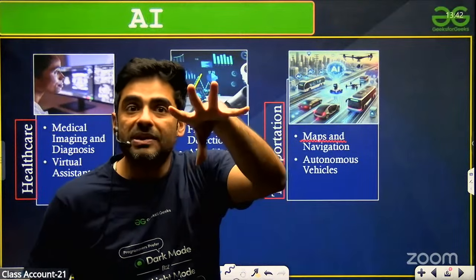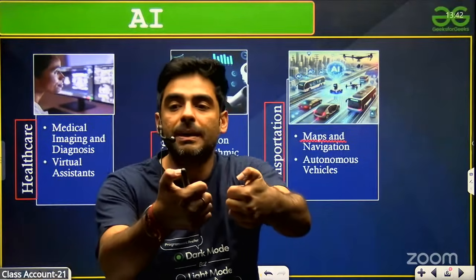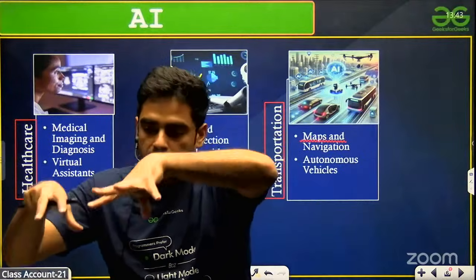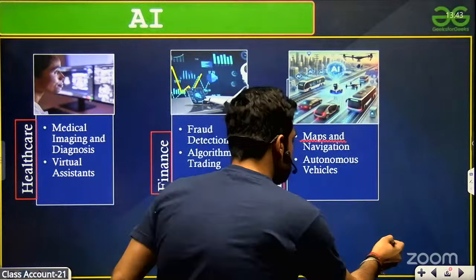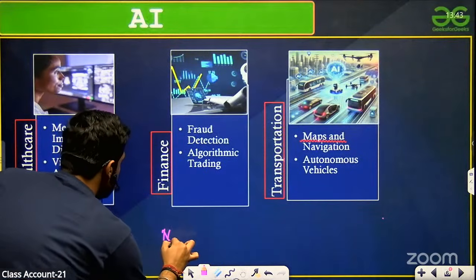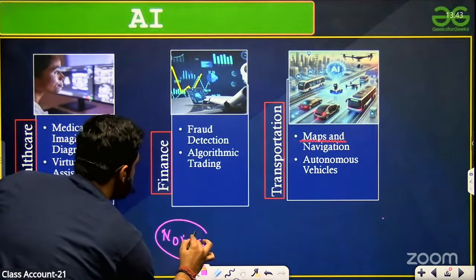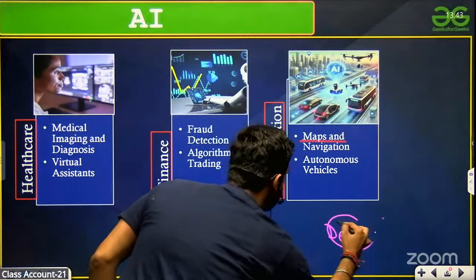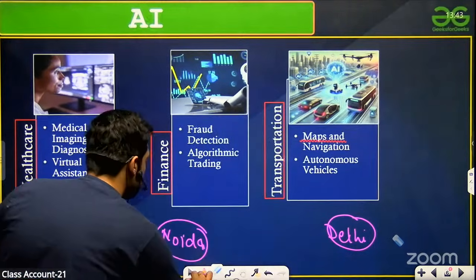Basically maps, for example you type on Google Map that I want to travel from Noida to Delhi. For example, here Noida is a node, and Delhi I am again considering as a node. I want to travel from Noida to Delhi.